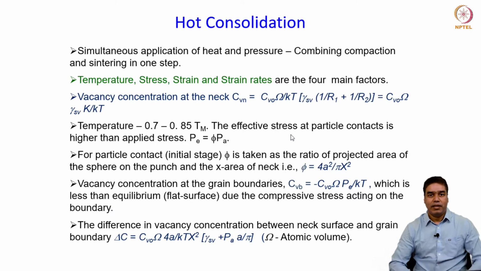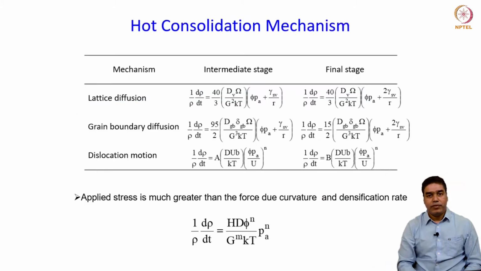And if we can account for the porosity which is present in the green compact, the same creep equations can be used for the hot consolidation or the hot pressing mechanism.